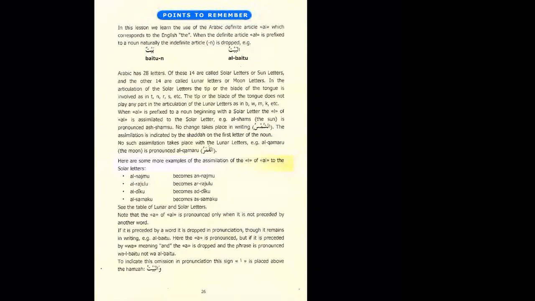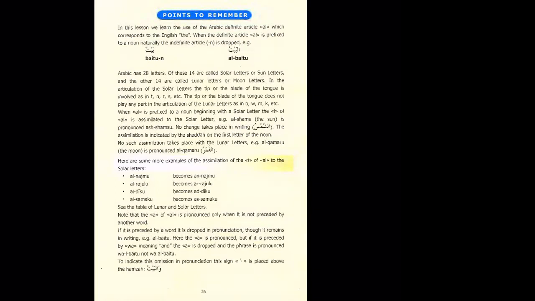And then as we said, Arabic has 28 letters. Of these, 14 letters are called the sun letters, huruf al-shamsiyah, and the other 14 are called moon letters, huruf al-qamariyah. In huruf al-shamsiyah, we drop the lam, and in huruf al-qamariyah, we have the lam.